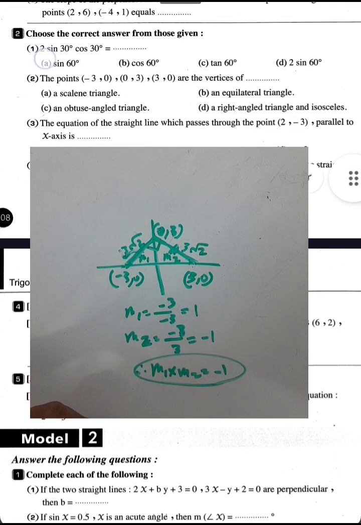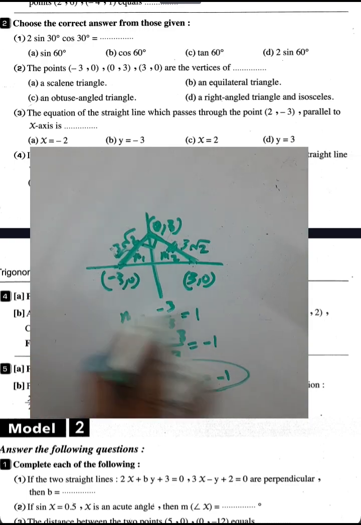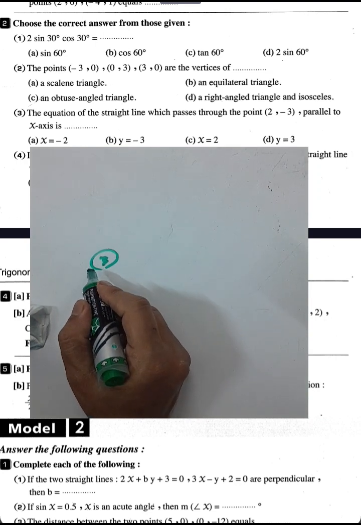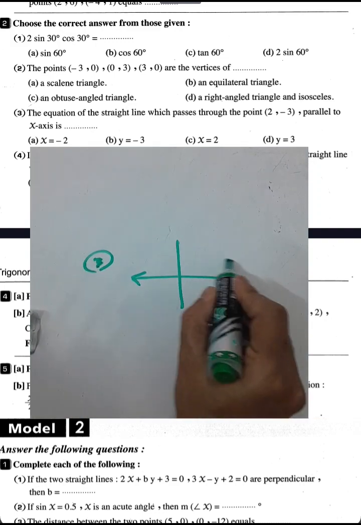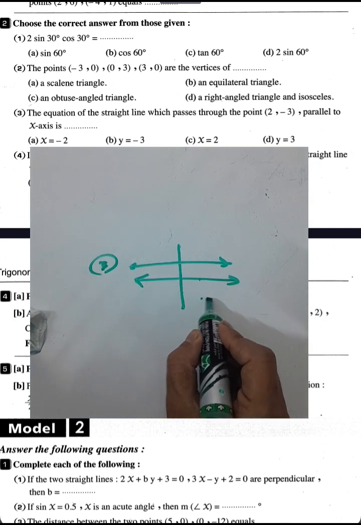Okay, question number 3. The equation of the straight line passing through point 2 and -3 parallel to the x-axis. Okay, this straight line is parallel to the x-axis and passes through the point 2 and -3, we have 2 and -3 here.